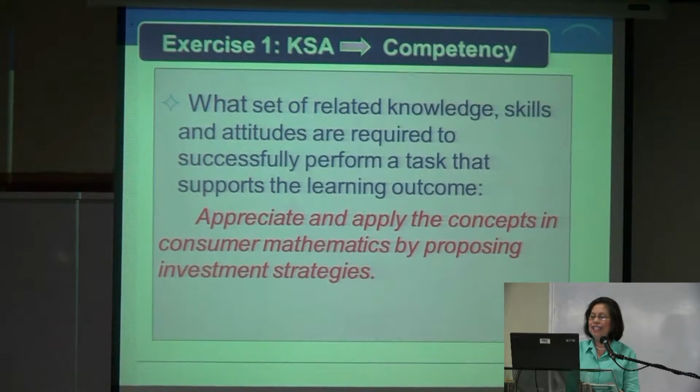So, the competency is to be able to appreciate and apply the concepts in consumer mathematics by proposing investment strategies. Now, I want you to think of the knowledge they need, the information they need to be able to achieve this learning outcome, the skills that they need, and of course, the attitude.